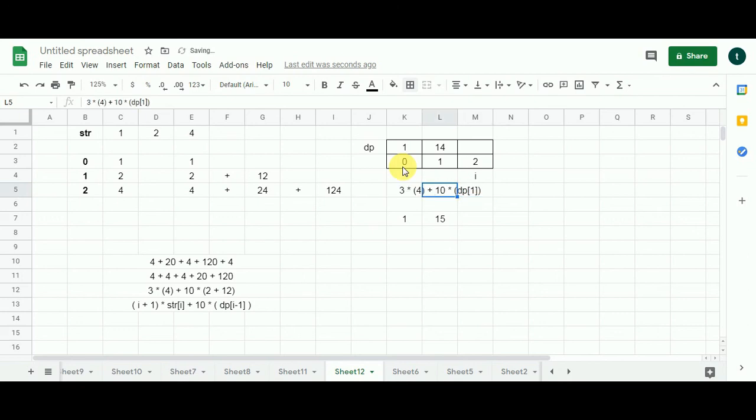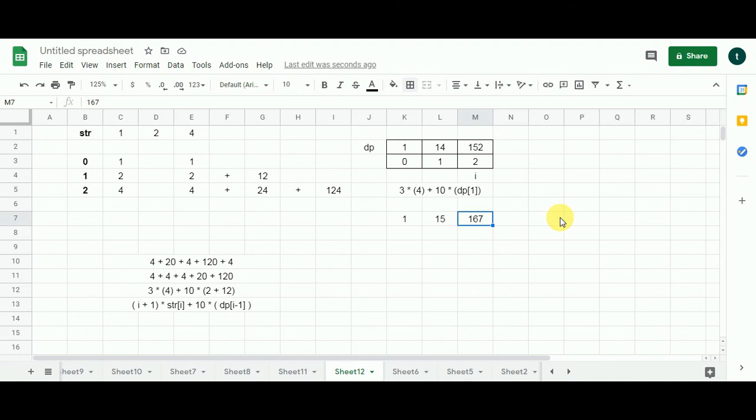So what is going to be the result of this expression? 3 multiplied by 4 is going to give me 12. 10 multiplied by dp[1], and dp[1] is 14, so 140 plus 12 is going to give me 152. My running total becomes 15 plus 152, 167, and this is my answer that I was seeking, for which I constructed this dynamic programming algorithm.